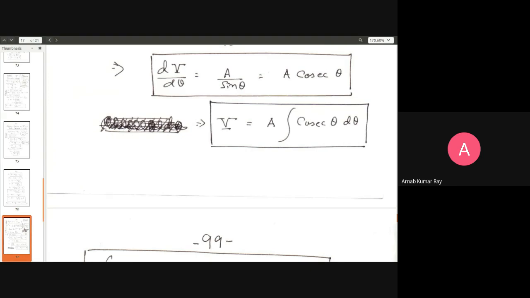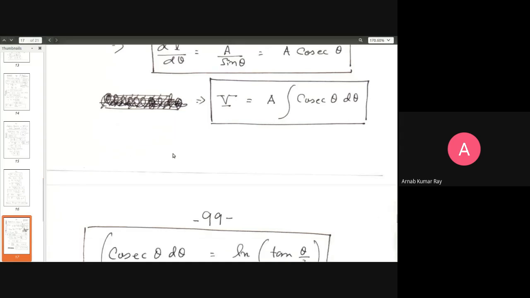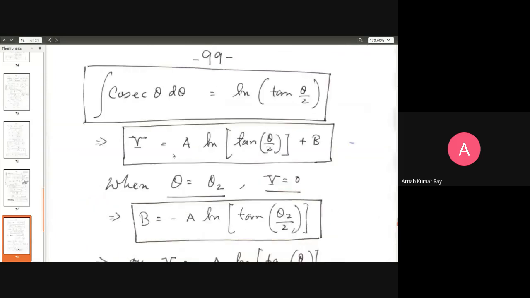This one gave V as a complicated function, log of tan, whatever.